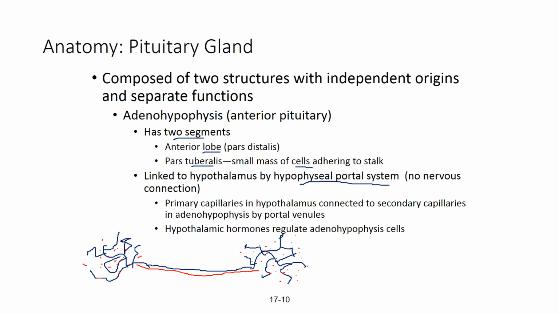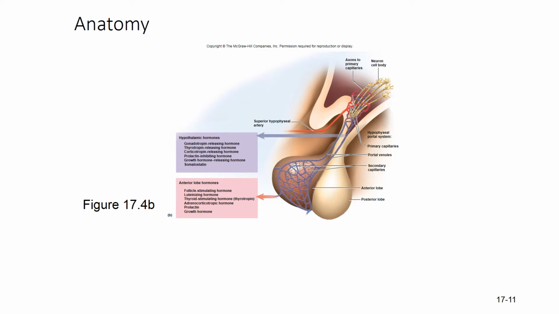So the primary capillaries in the hypothalamus connect to the secondary capillaries that are in our anterior pituitary. This right here is in the hypothalamus. This travels down the infundibulum, and then this is in the anterior lobe of the pituitary. And that's what we're seeing right here.